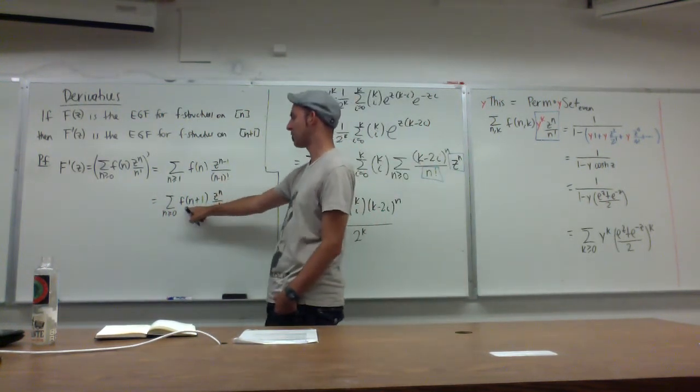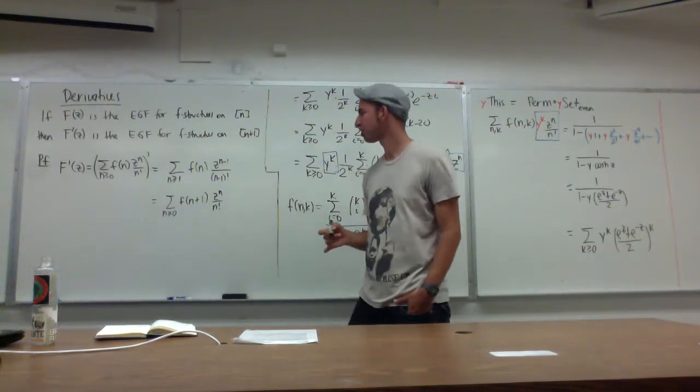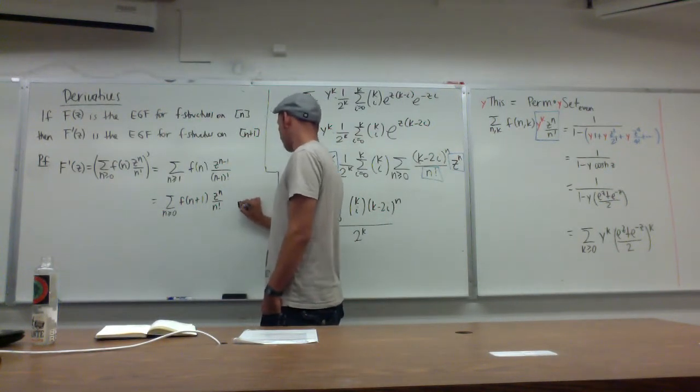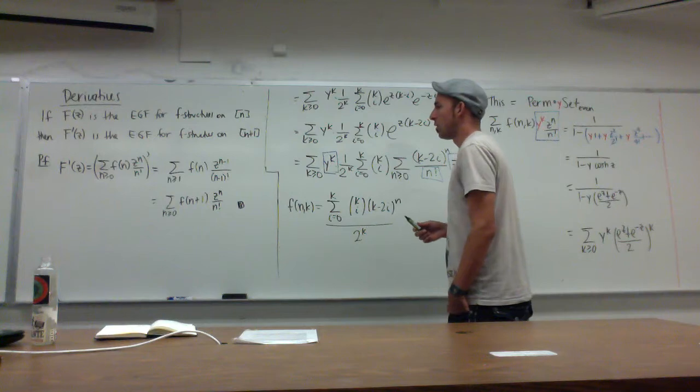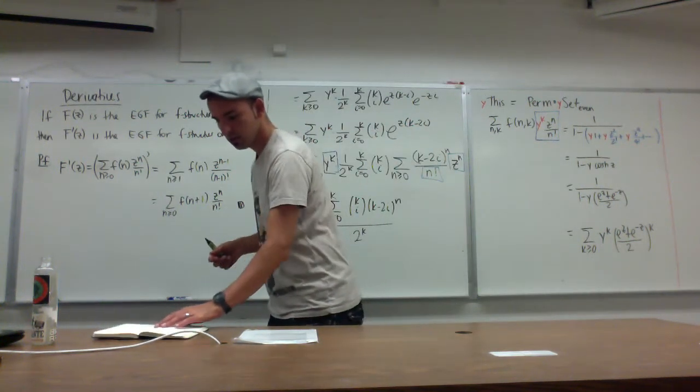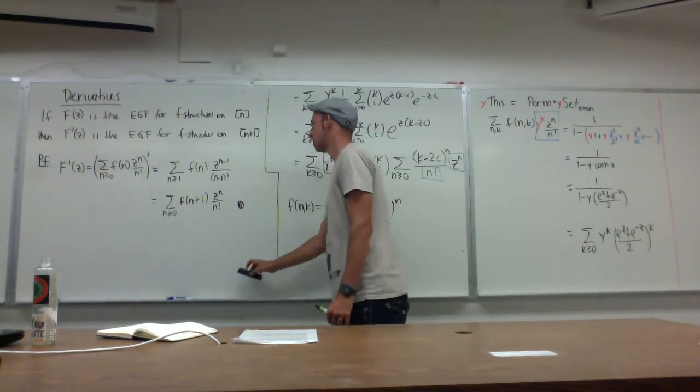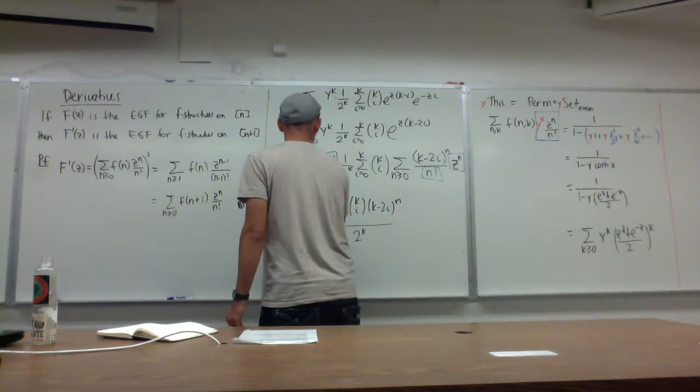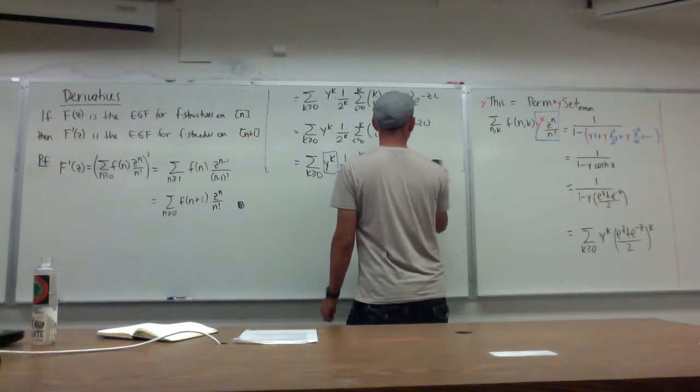So this is the number of f structures on n plus 1. That's just what it is. It's a simple thing, and it has nice consequences.